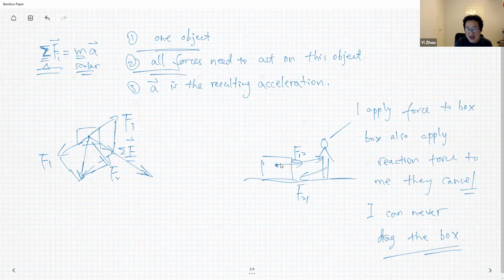The only forces on the box are the normal force, the gravity force, and this force. So there are three forces acting on the box, and two of them may cancel. Then this one will move the box and accelerate the box. So the point in understanding Newton's third law is that they are not acting on the same object, so they will never cancel.